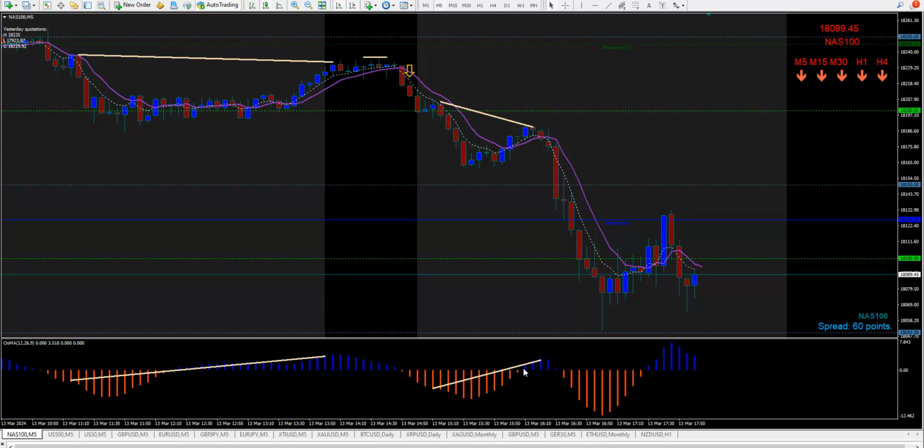It's hidden divergence, so this one's not going to tell you the direction where it's going. Only if it was higher highs or double tops, it would tell us. Or if we're at the bottom, lower lows and a double bottom would tell us on the OSMA. But if it's hidden divergence, it will not tell you the direction, if you follow what I'm saying here.